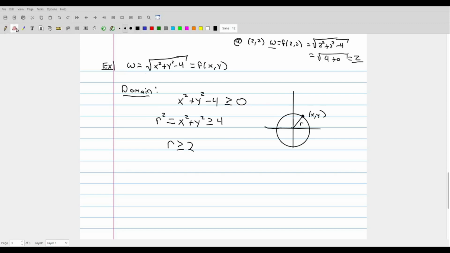So we can shade this in and see that directly. We take this to be the circle of radius 2, and then we shade in all of the points in the domain, which is all points that satisfy this inequality.